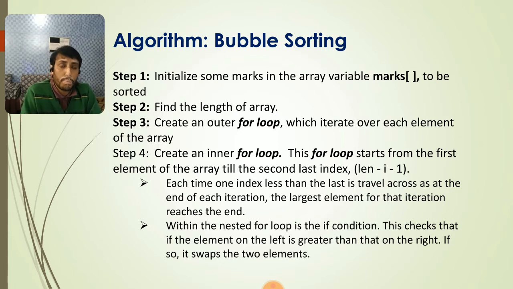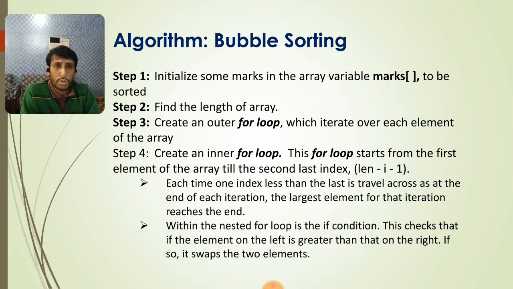Last minus 1 means when we are in sorting mode, the number which is sorted first will reach the last position. So whenever we are doing the next search, we are not supposed to include that last position because it is already sorted. That's why length minus i minus 1. I'll explain that in a better way.